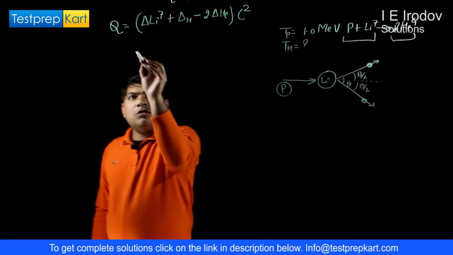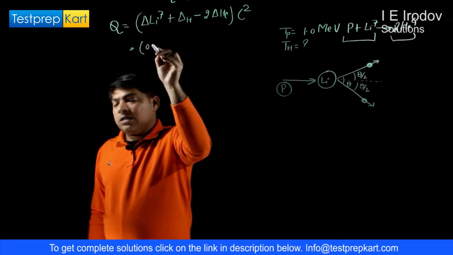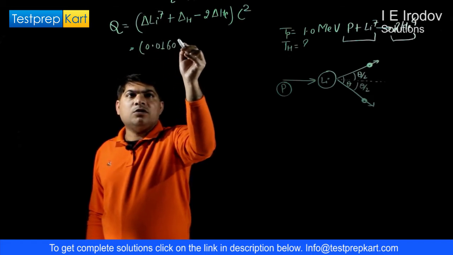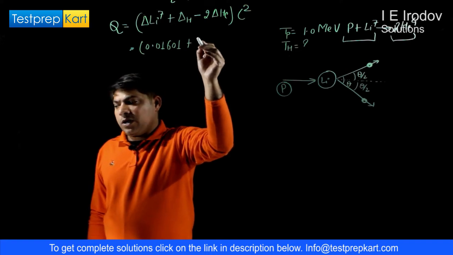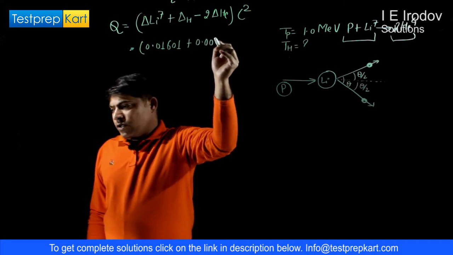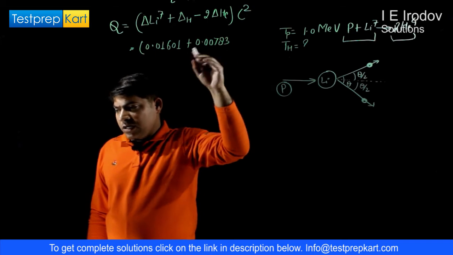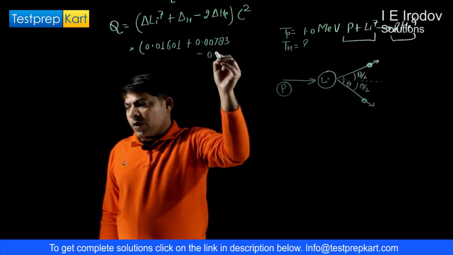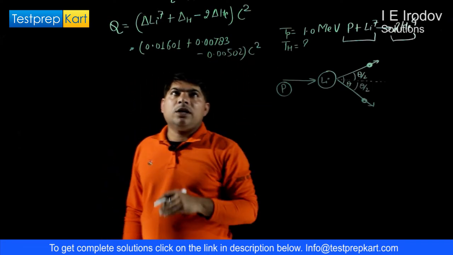For lithium, the mass defect is 0.1601 in atomic mass units, plus for proton it is 0.00783 in atomic mass units, and for helium it is 0.00502, into C square.